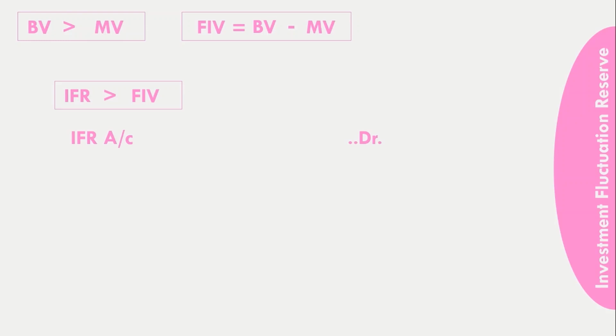Then we will reduce the value of investment by crediting it with the fallen value. And as we are having more balance left in our reserve, we will distribute that among old partners in their old profit sharing ratio. So investment fluctuation reserve account debit to investment account, to old partners capital account.